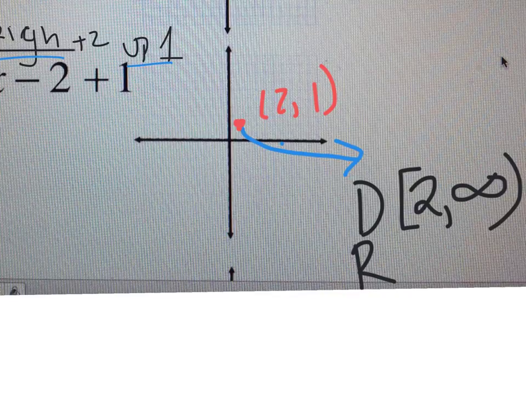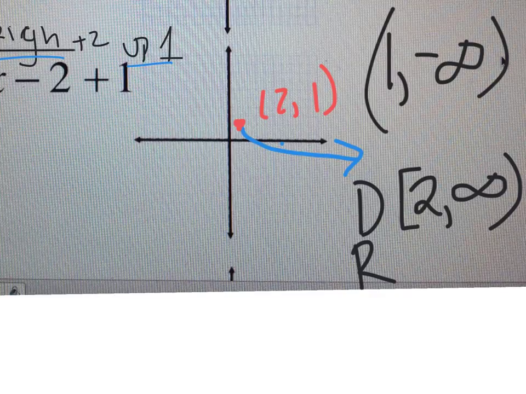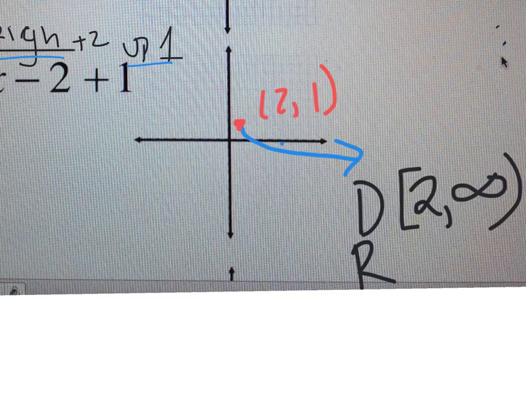And you guys get in the habit of writing it goes from 1 to -infinity. But that's just backwards because -infinity is smaller, and we've got to put our smaller value first. So my range here would actually go from -infinity to 1, not 1 to -infinity.